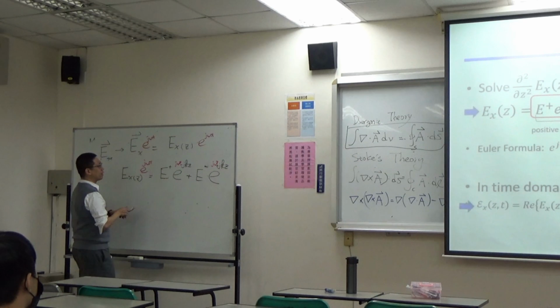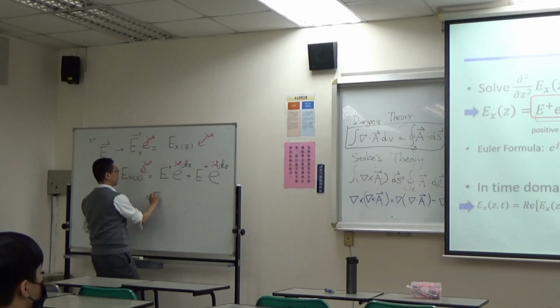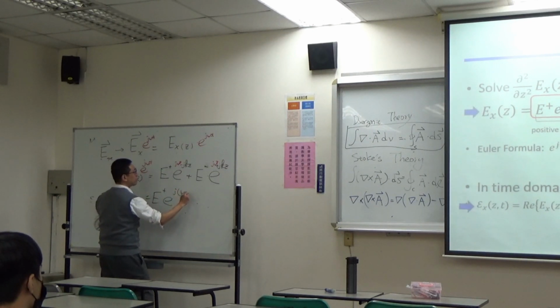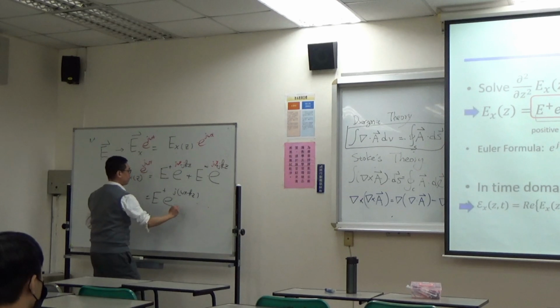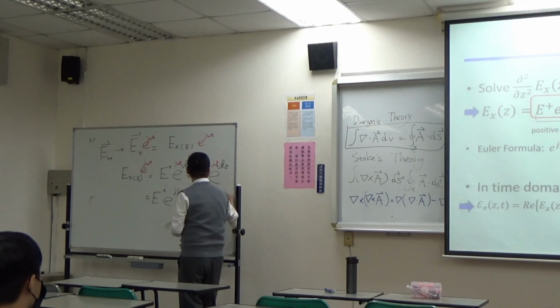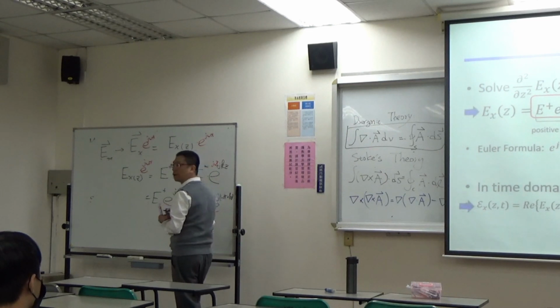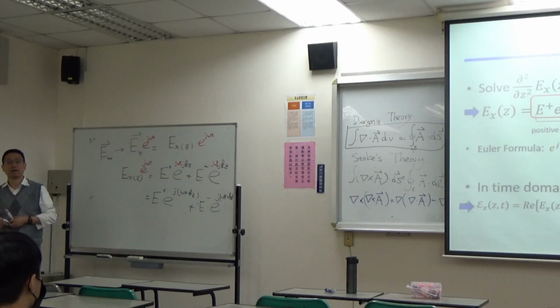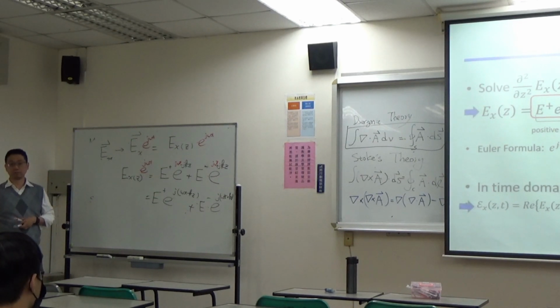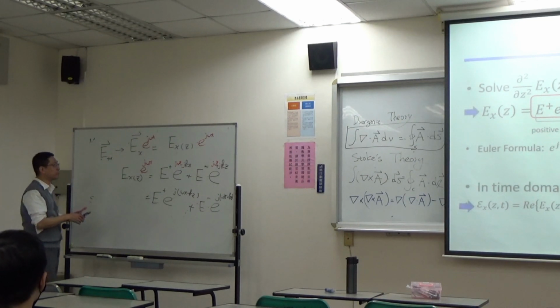You can write this down like exponential j omega t minus kz plus E minus exponential j omega t plus kz. Okay. Back to the definition of phasor form.